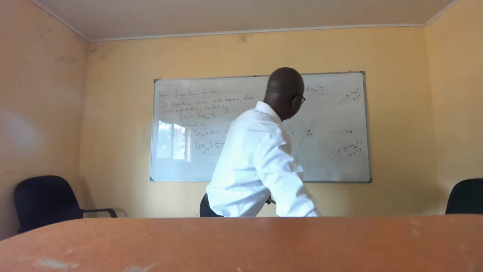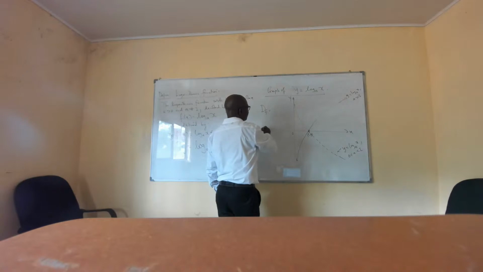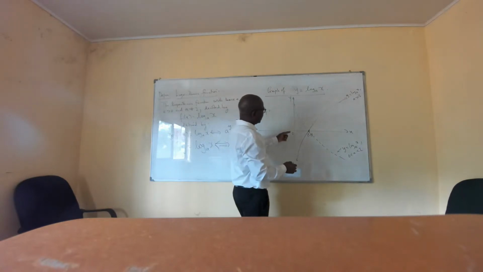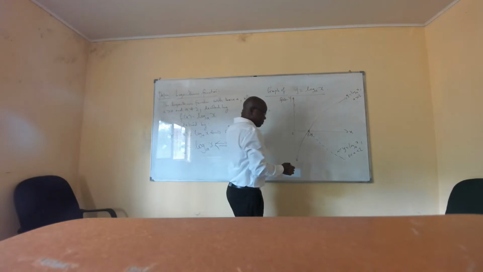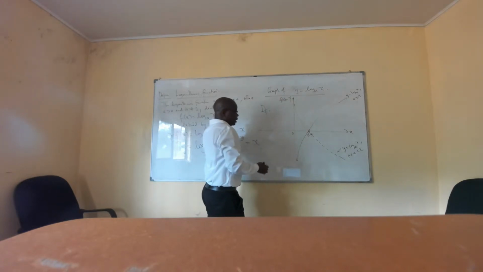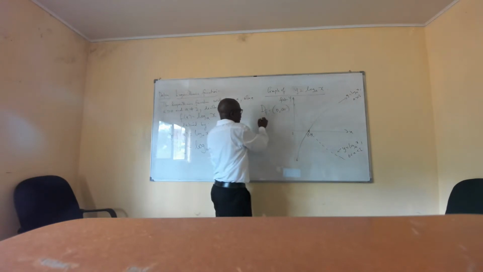So of course, you see that the domain of f, in this particular case, where we view our f of x as y, will take all numbers from 0 to infinity.